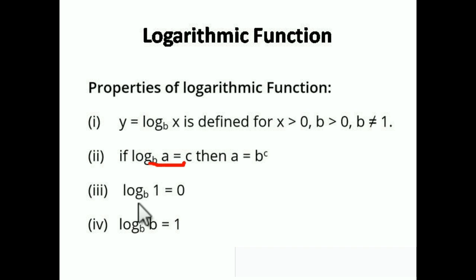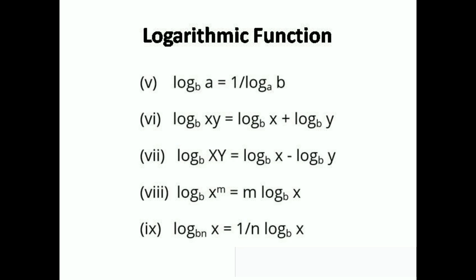Then log 1 with the base b is equals to 0. When the value is 1, for any base the answer becomes 0. When the value and the base are equal, the answer is always 1. Log b with the base b is equals to 1. Then log a with the base b can be written as 1 upon log b with the base a.